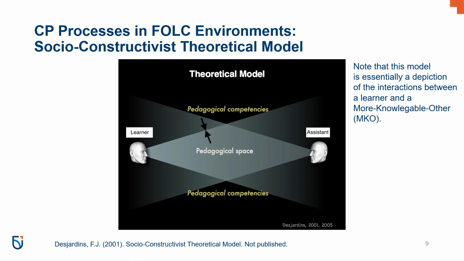Slide number 9 talks about the socio-constructivist theoretical model, and this again comes from Desjardins, who put together this graphic to examine the idea of the more knowledgeable other, called here the assistant, assisting the learner to be able to actually create new knowledge at the boundary of the pedagogical space, the zone of proximal development, which is labeled here as pedagogical space, and challenging the learner to move to that interface between what they can actually do with the assistance of an MKO or an assistant, and what they cannot do.